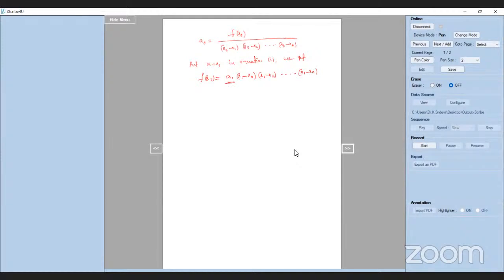Now from this one, we can get the a1 value, that is a1 is equal to f of x1 divided by, in the denominator, x1 minus x0, x1 minus x2, and so on, x1 minus xn.